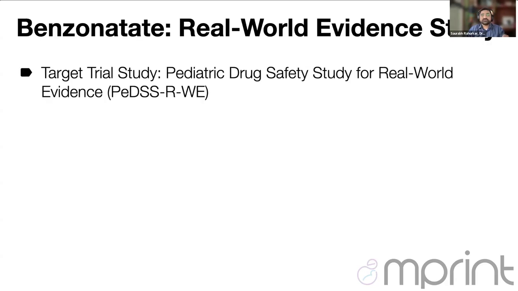So based on all this work, we currently have a proposal under review. It's called the Pediatric Drug Safety Study for Real World Evidence, or PEDS WE. This is essentially a target trial designed to evaluate safety signals for benzonatate in children using real world data.